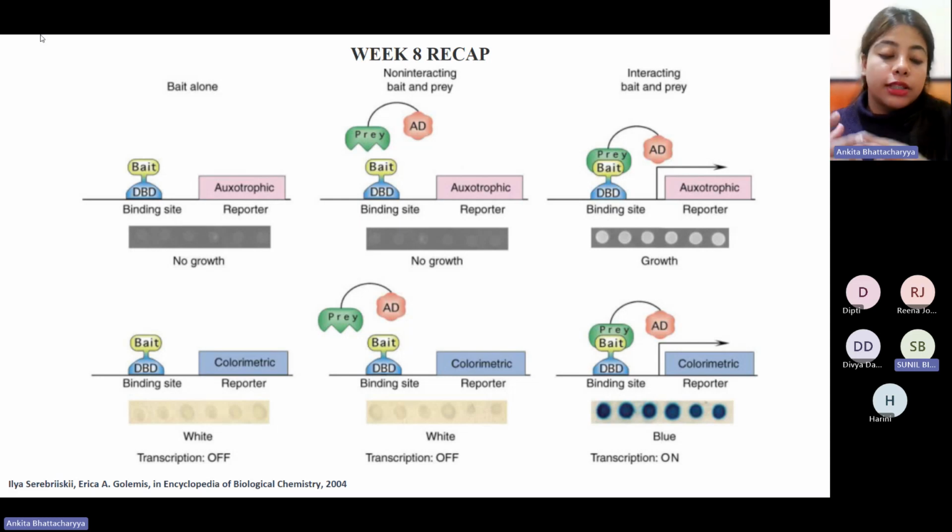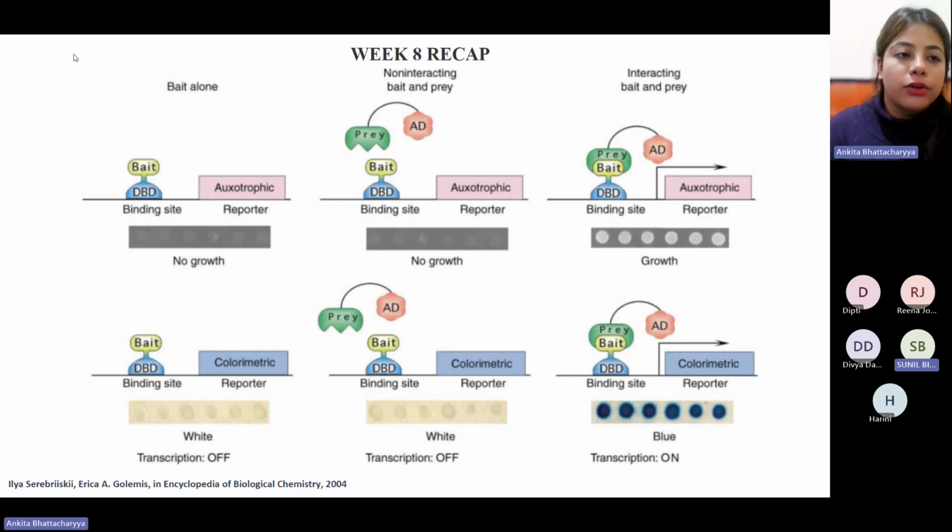Okay, so the difference here in particular, I think I should have mentioned it beforehand. What we were seeing in the previous case was a reporter gene which was giving us a visible readout, which is what you see in the second half. Here in particular, we are looking at auxotrophic reporters.